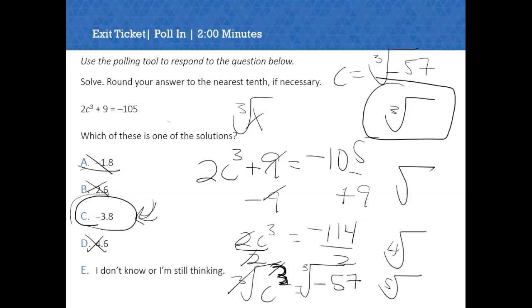So rounded, negative 3.8 is correct. So if you're using your iPhone and you use that calculator function and turn it sideways, there is this cube root button. So that can also help you. And right next to it is the square root button, just so you can see it.